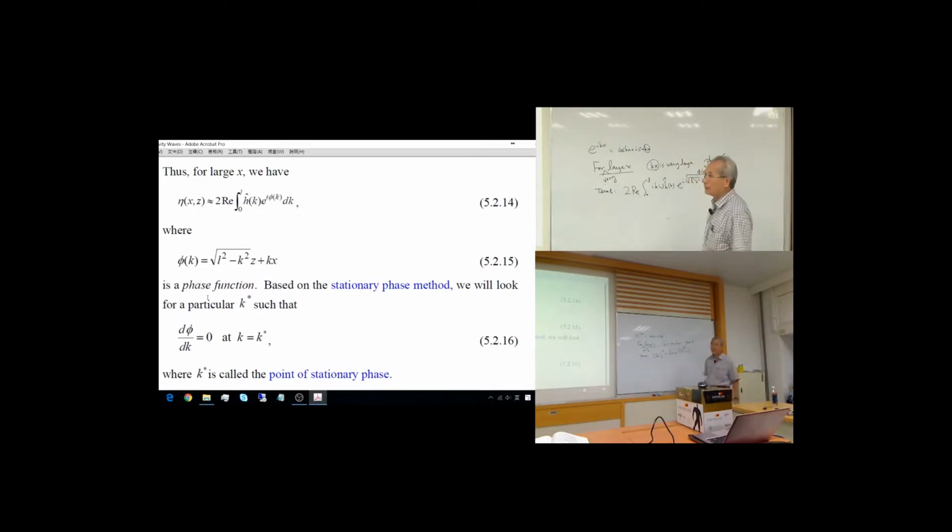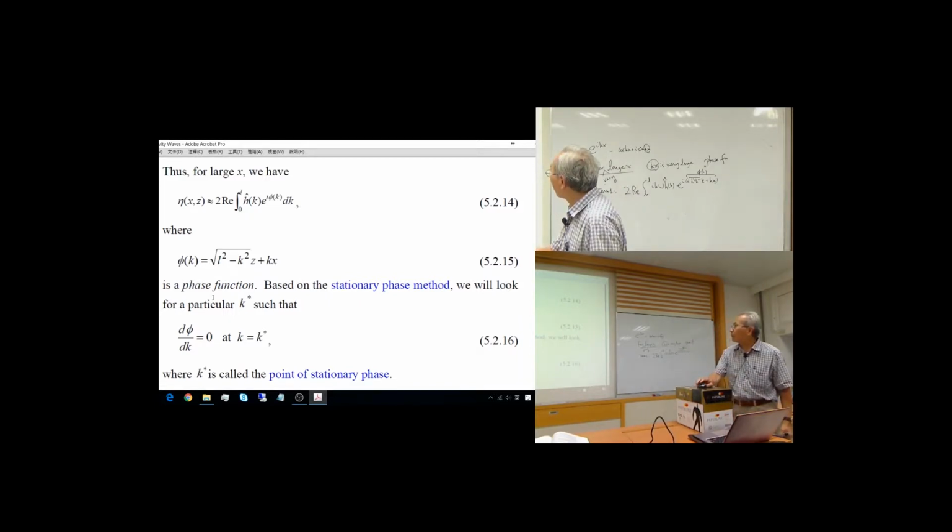And based on the stationary phase method, we look for a particular k star, and then define the derivative of phi with respect to k equal to 0. At that point, it's not going to oscillate quickly, and this point is called the point of stationary phase.